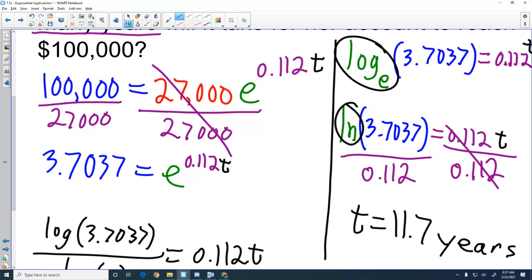That's why it has its own button on the calculator. It's for solving this PERT equation primarily, because this is used all the time all over the world. If you want to figure out how much time it's going to take for something that's growing continuously to reach a certain point, they use the natural log to solve this exact equation. This is what real people use, not just in algebra classrooms. Other questions on this?